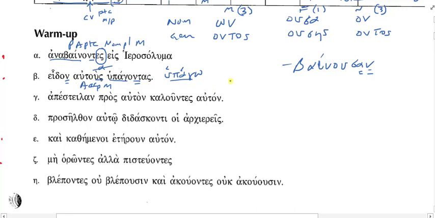So this is a present, what? Active or middle passive? Active and participle, right? Now, the case endings, what's left? What case, gender, number is that? It's third declension, we know that. Accusative plural and masculine. Okay?